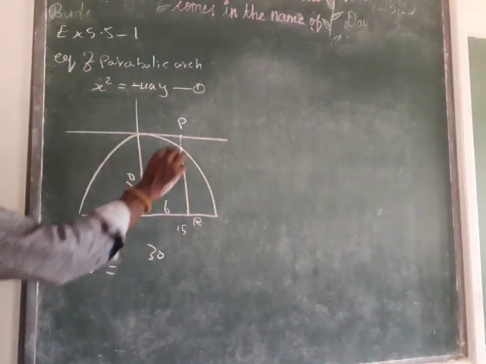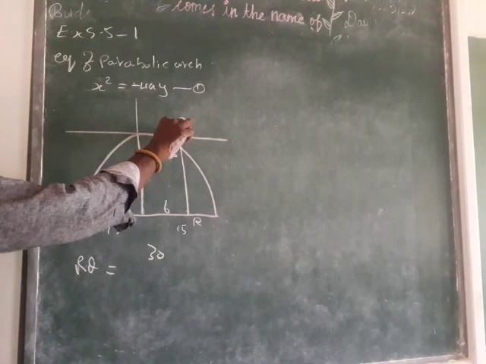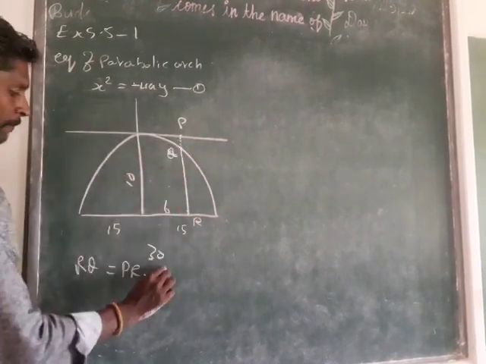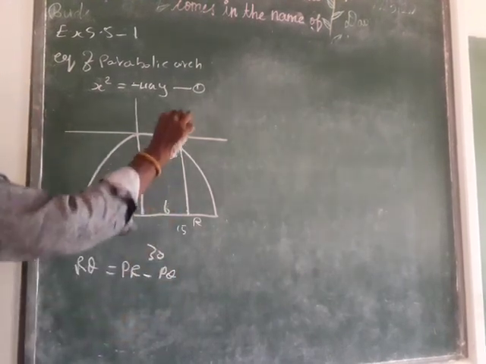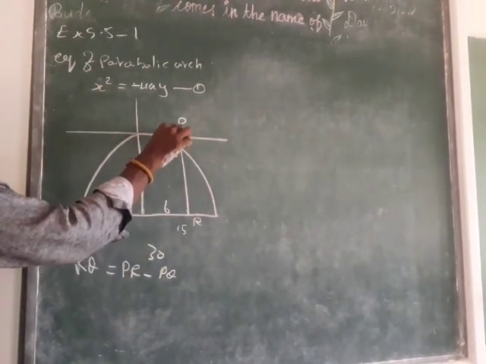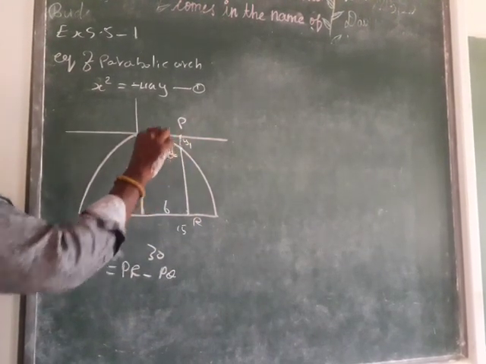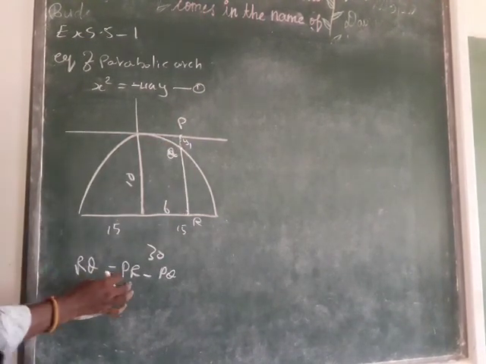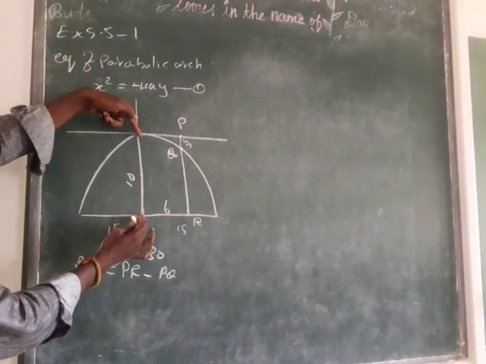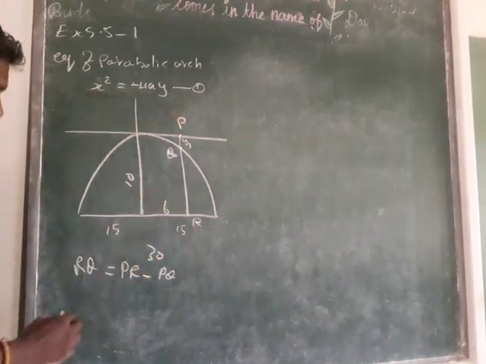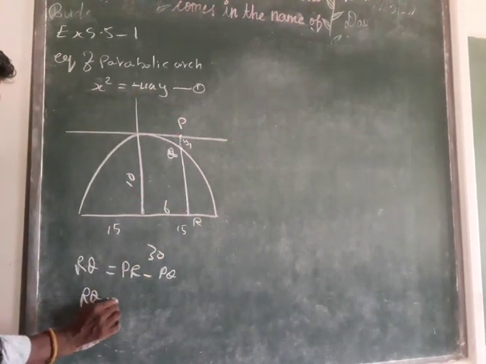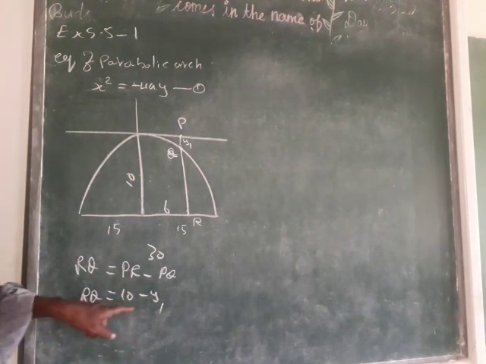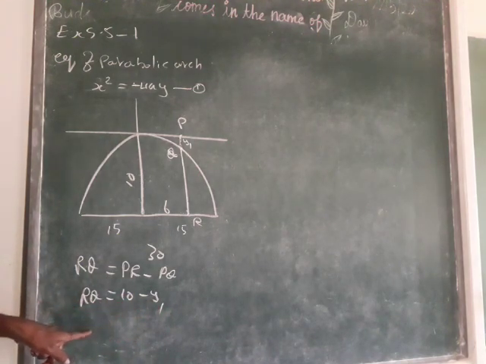So the RQ I want to find, I write as total height BR minus BQ. If I subtract from BR the BQ height, which I take as y1, then I am able to get the required height RQ. So what is BR? The middle is 10, so BR also becomes 10. So RQ equals 10 minus y1. If you know the y1 value, subtract from 10, and you get the required height.